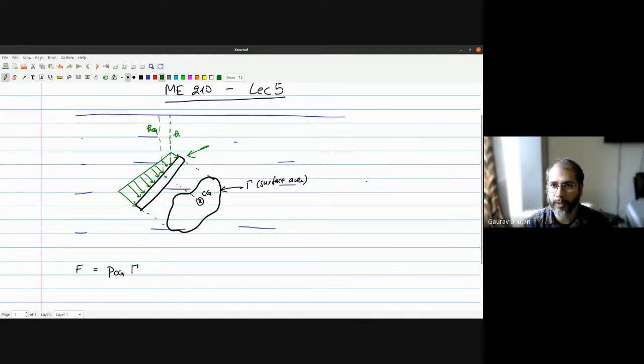So for keeping a body stationary, in addition to force equilibrium, you also need a moment equilibrium. So the next step is to calculate at which point we should apply this Pcg times gamma on the opposite side, so that the body stays stationary.